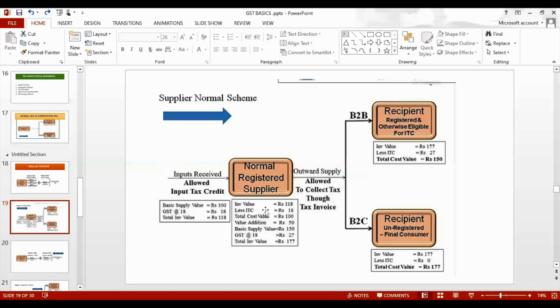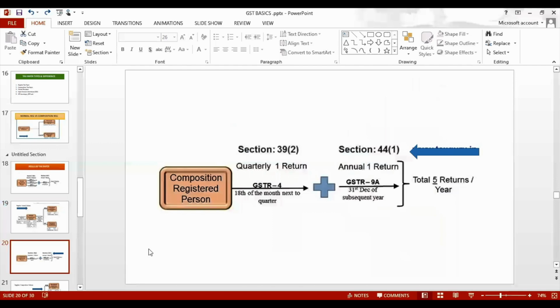Now here I am explaining input tax credit and collected output tax on supplies. It depends on B2B transactions and B2C transactions. My next topic is the procedure provided by the government for the composite dealer, not for normal.